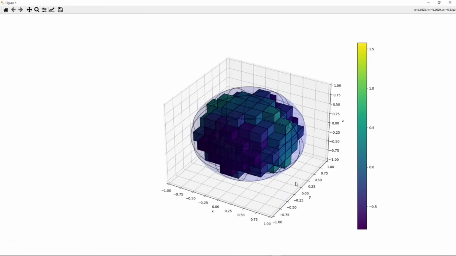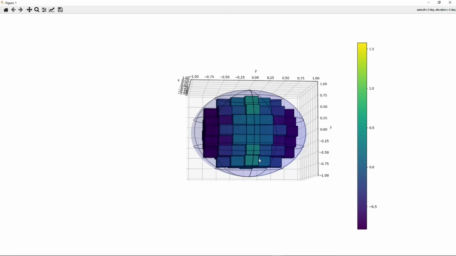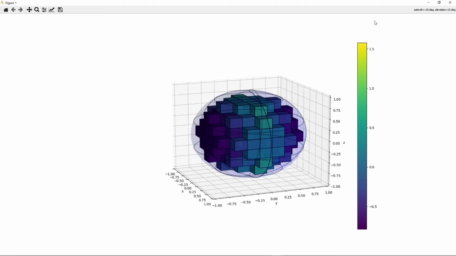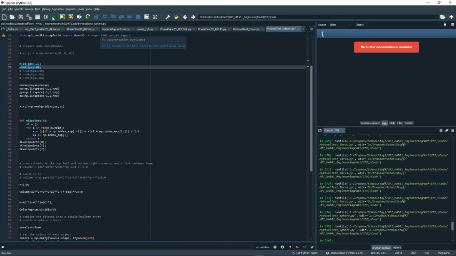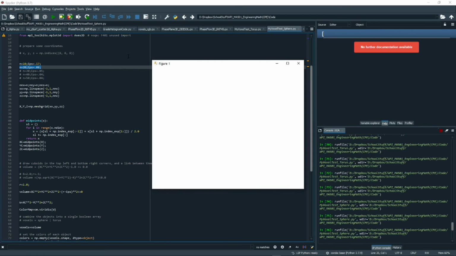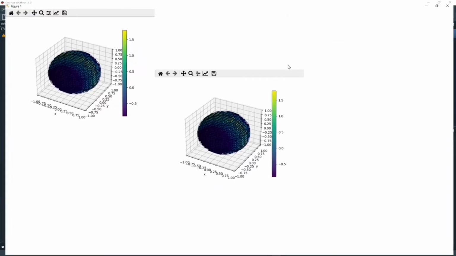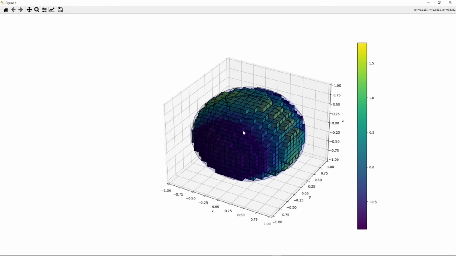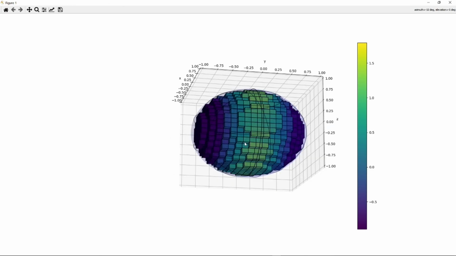Move it to 1,000 cubes here. You see that the approximation to volume is not nice because you have a lot of error. However, if you increase the number of cubes, this is 20 cubed, you end up getting a much nicer approximation.